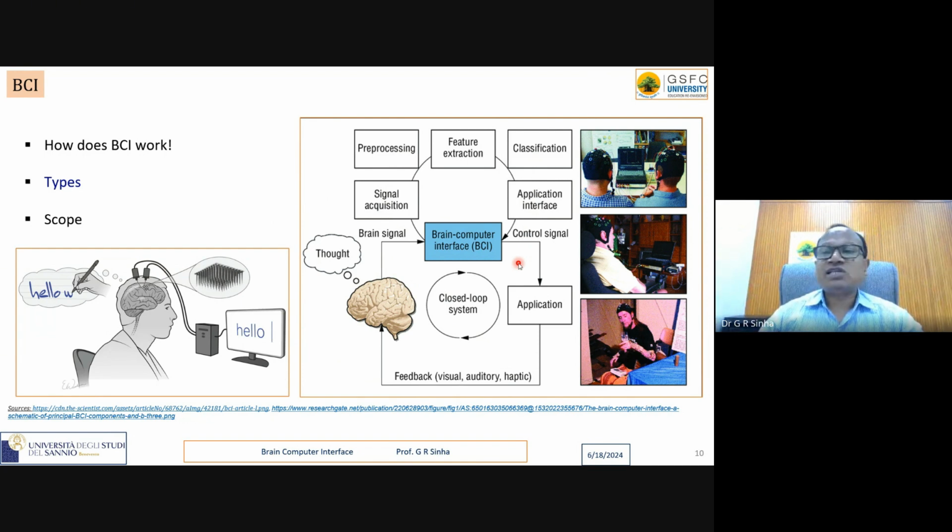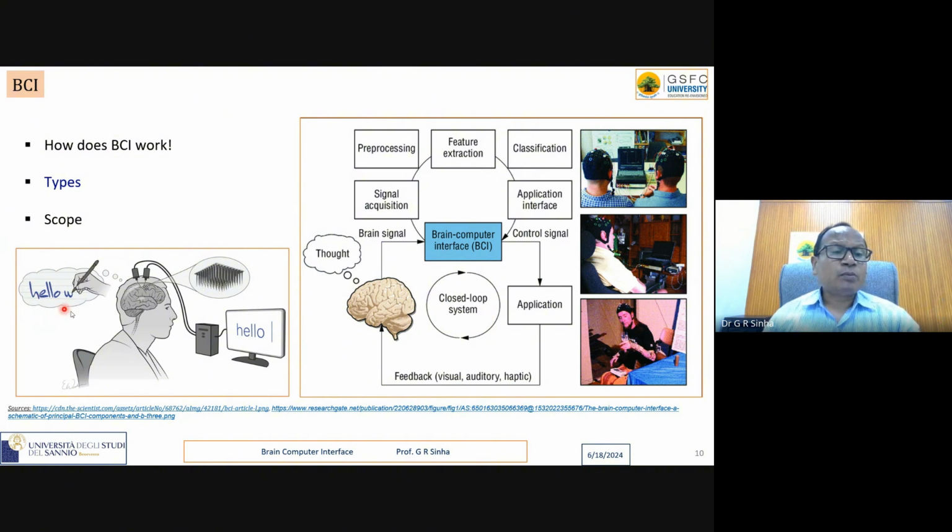Then that command is utilized in the application. The application may be anything: you want to diagnose some disease, detect a brain tumor, deal with epilepsy, or study Parkinson's disease. All the applications will have this common typical flow diagram as a closed loop.